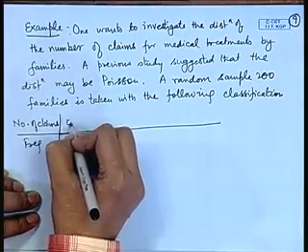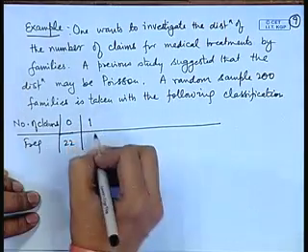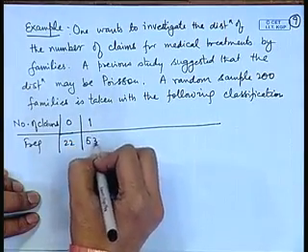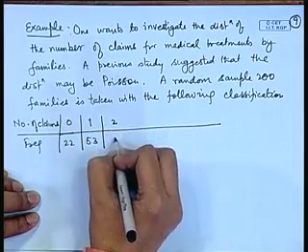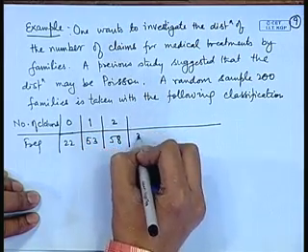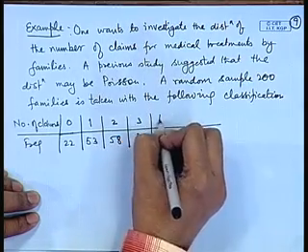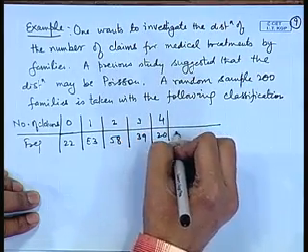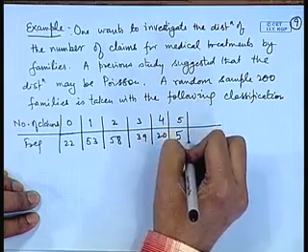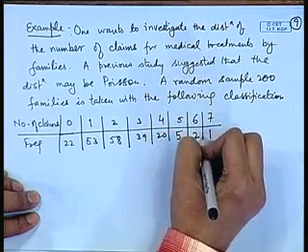So, it turned out that 22 families did not make any claim, 53 families made one claim, 58 families made two claims, 39 families made 3 claims, 20 families made 4 claims, 5 families made 5 claims, 2 families made 6 claims and 1 family made 7 claims.